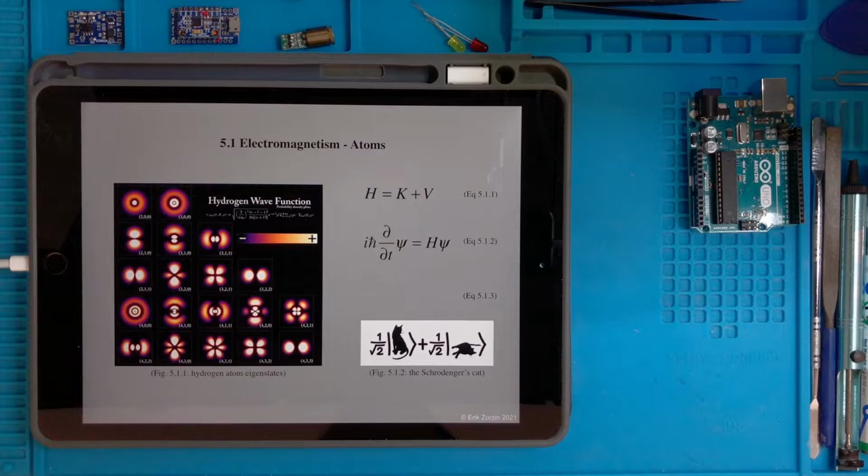One of those problems was to understand the spectrum of emission or absorption of some materials like hydrogen. If you take hydrogen and you energize it in different ways, it can emit different frequencies of electromagnetic radiation, which basically means light.